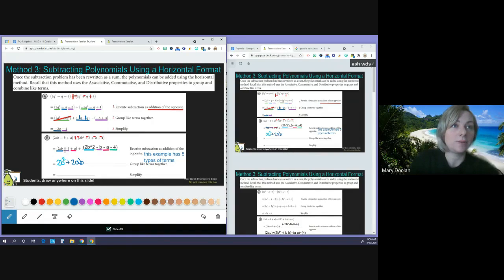And then I could put these b terms next, or the a terms. I don't know how much it matters. But these I will put in parentheses because there are 2 of them. Negative b, minus b. And then my a terms, there's 2 of those, so I'll add those in parentheses.